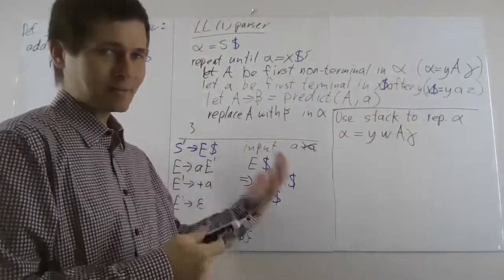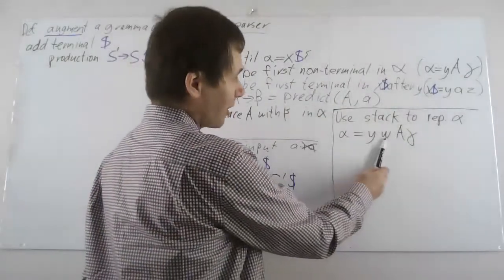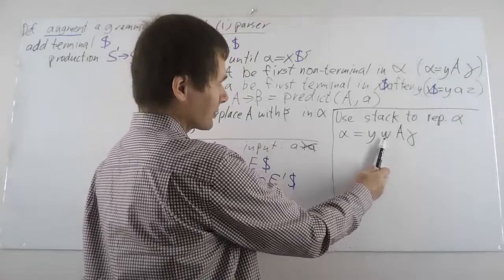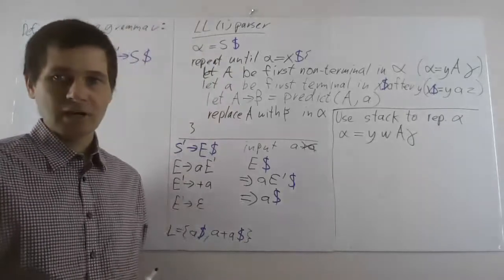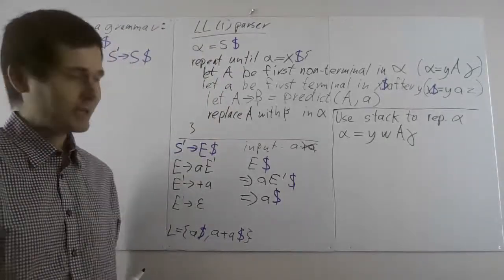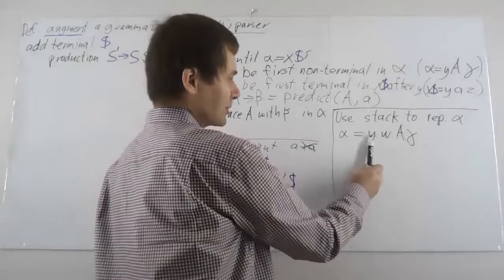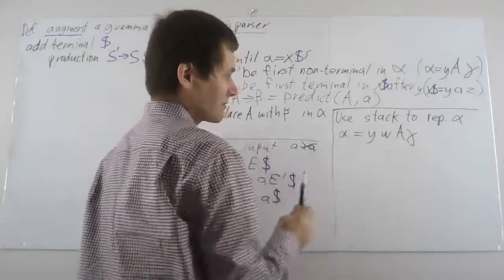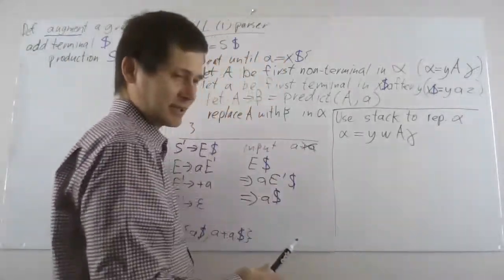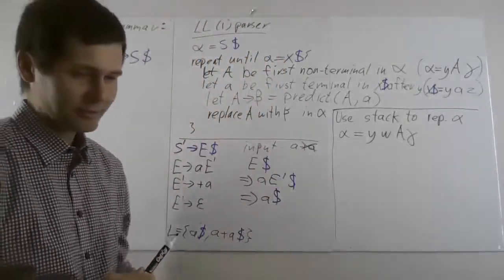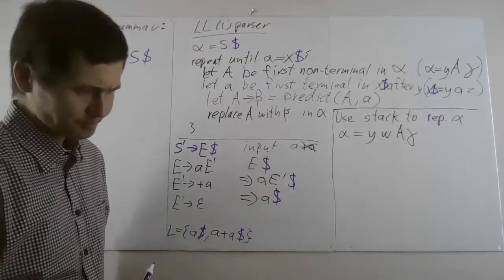Going back to the conventions, y and w are all terminal symbols, and a is the first non-terminal symbol, so this is the one that we're going to be changing. Y and w are already terminals; they're never going to change. And then gamma can be anything. It can be terminal symbols or non-terminal symbols. It's a sequence of symbols.